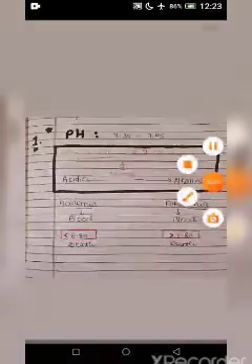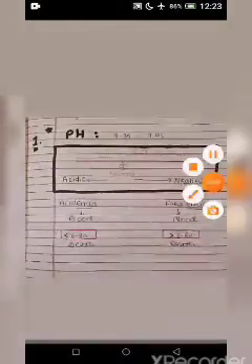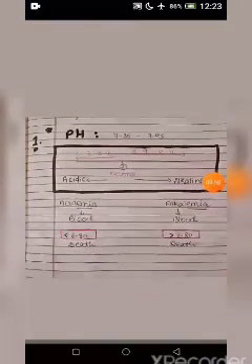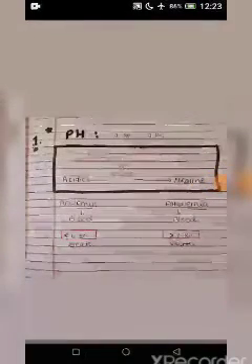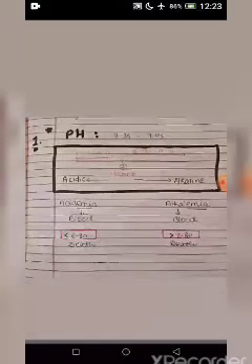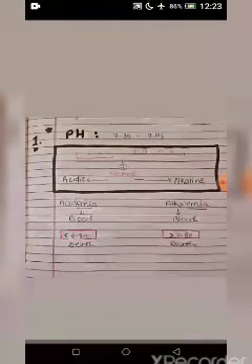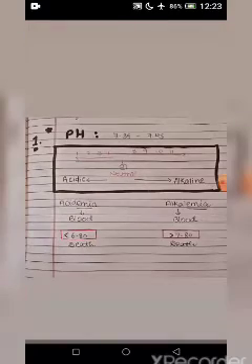So we should maintain or check this importantly. So this is about the normal pH, power of hydrogen, that is 7.35 to 7.45, and when decreasing it indicates acidemia, and when increasing, that is more than 7.45, it indicates alkalemia.